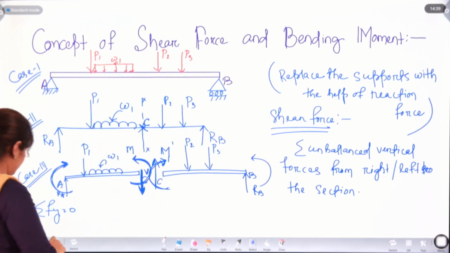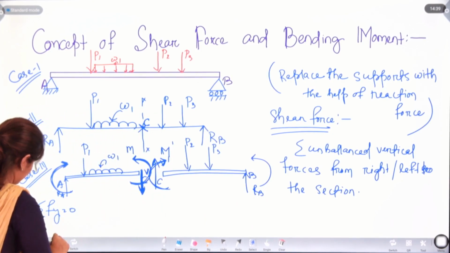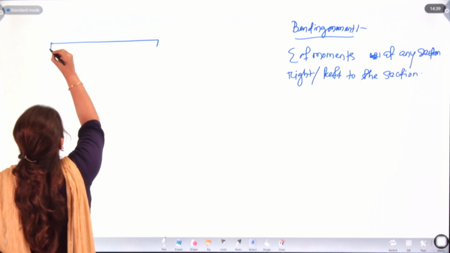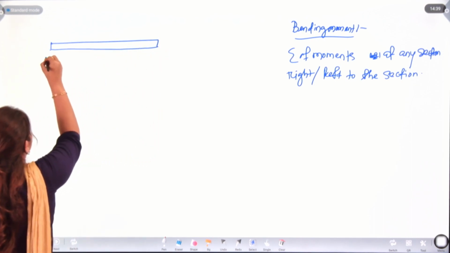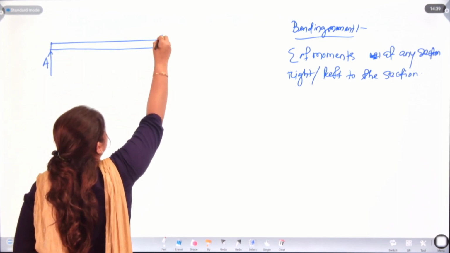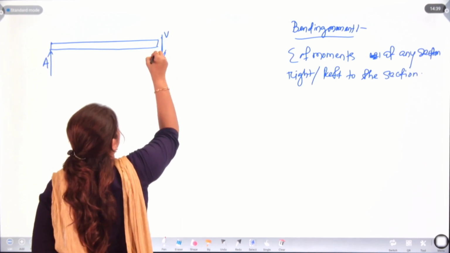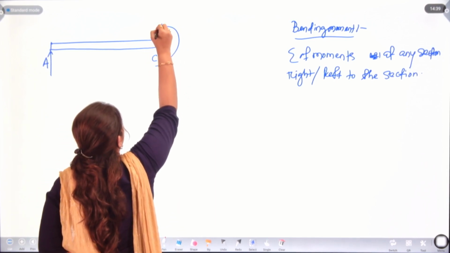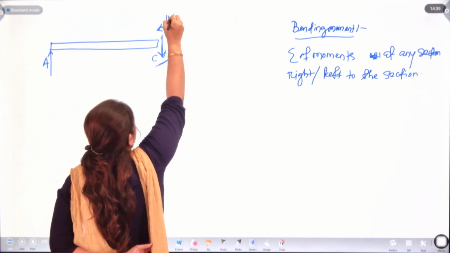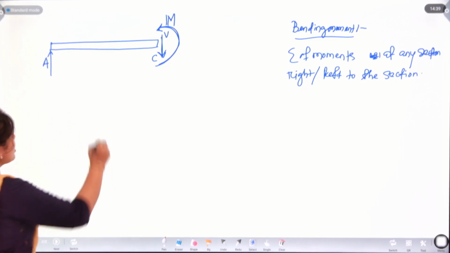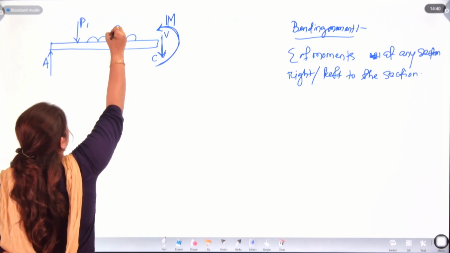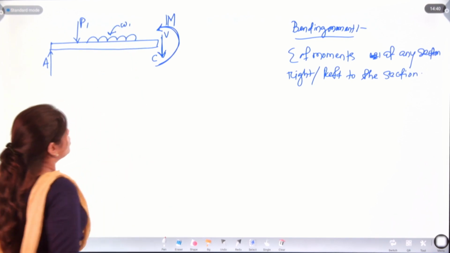Let's draw this AC section again. We have the downward shear force here and the anti-clockwise moment, which will be termed as capital M. The loads will always remain the same. Here the uniformly distributed load is W1.